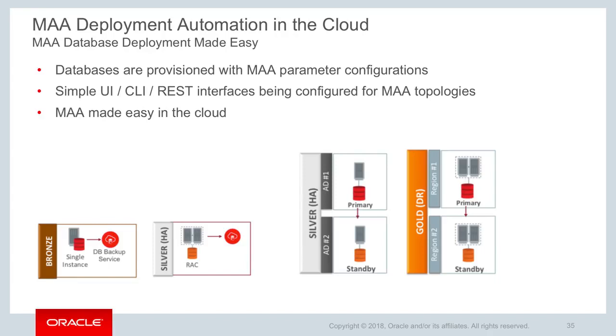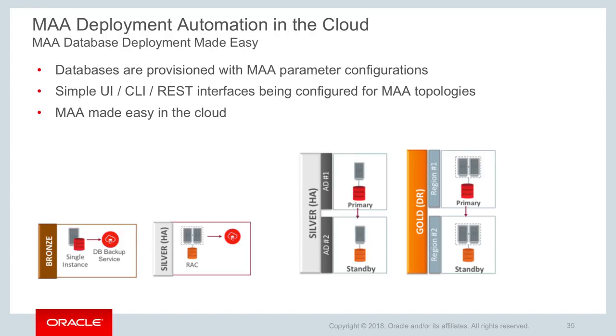Over here, you will see typical recommendations for different levels of maximum availability architectures for the OCI database systems. For the bronze level, you can have a single instance database being backed up to the database backup service.